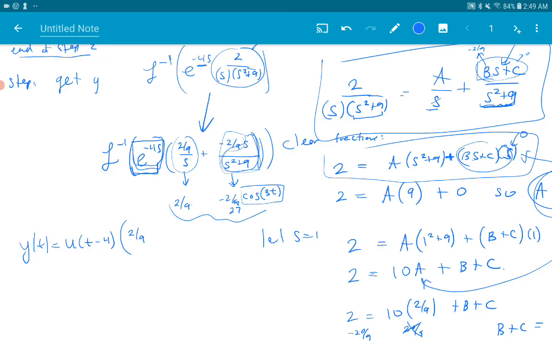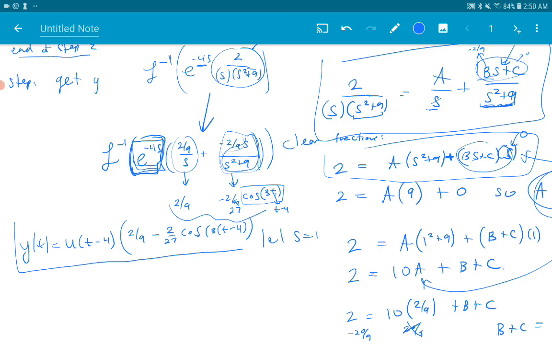Well, there's no t in the first one, so it's just 2/9, minus 2 over 27 cosine of, instead of 3t, it's 3 times t minus 4. I replace t with t minus 4 because of the e to the minus 4s in front. It's a delay of 4 seconds, or 4 whatever units of time it is.